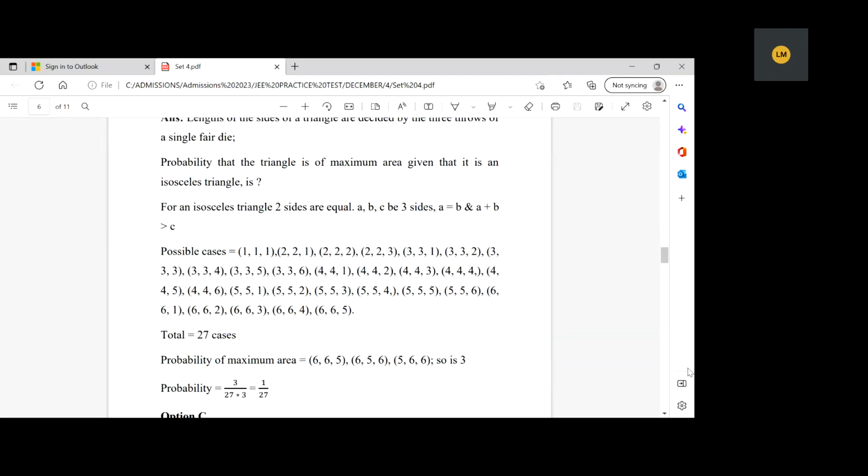Yes, it can be written 3 times, because we'll be considering all of them.